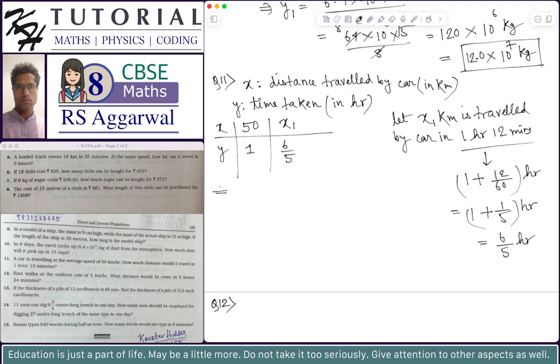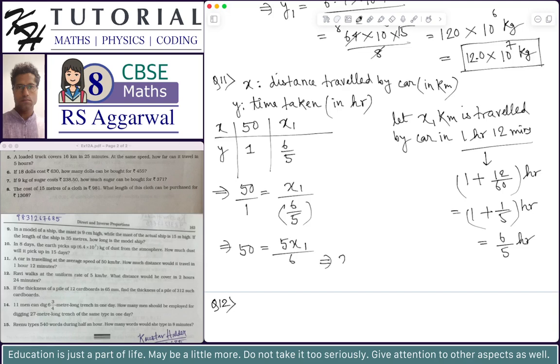Now we can apply the concept of two quantities in direct variation. The ratio of the corresponding values should be a constant. So we have 50 by 1 is equal to x1 by 6 by 5. This implies 50 is equal to 5 x1 by 6.